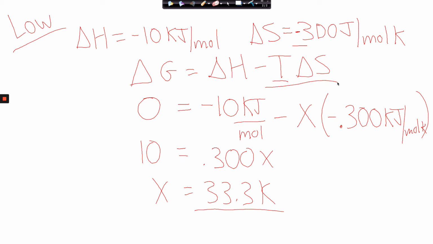So the way that we then write that is that the temperature of spontaneity will be any temperature below 33.3 Kelvin. Not inclusive. It's not less than and equal to, it's less than. Remember that the alligator eats the bigger number. So the temperature of spontaneity is below 33.3 Kelvin. And you can write that as that. You don't need to write a sentence, but that's it.